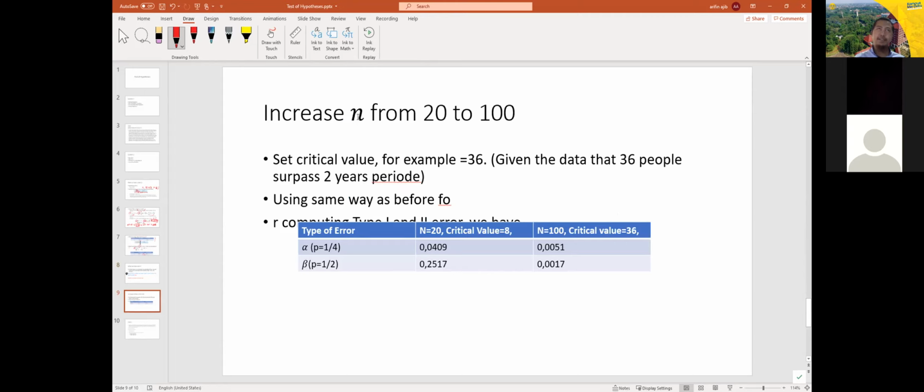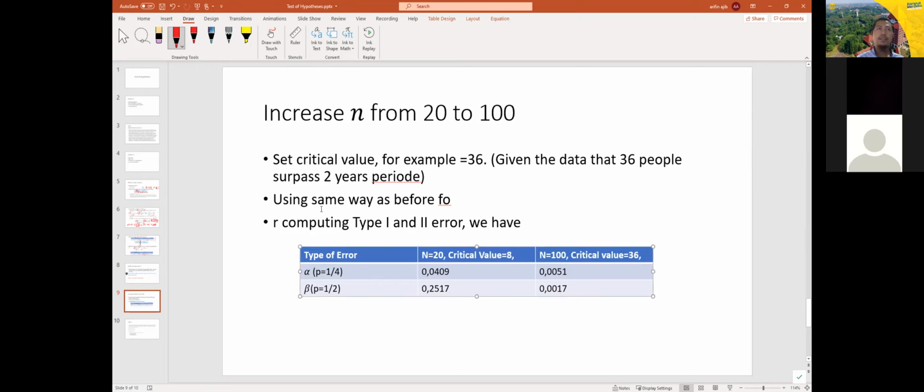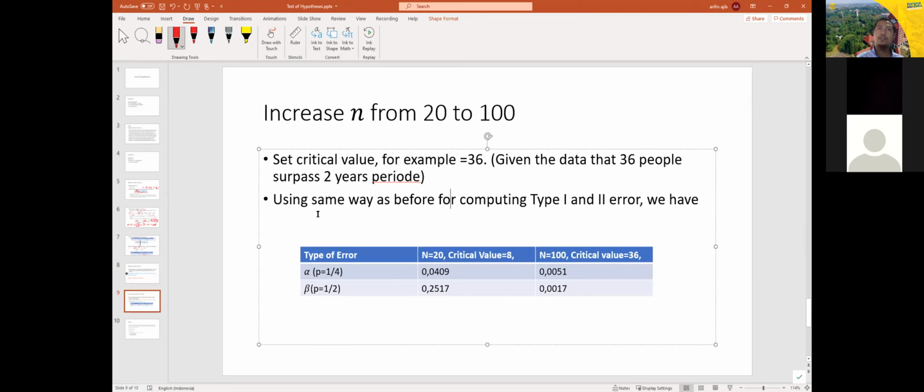So when we increase n from 20 to 100, we can set the critical value, for example, 36. For example, given the data that 36 people are praised in a 2 years period, and using the same way for computing the type 1 and type 2 error, we have, please look at this table. This is the type error alpha and beta.